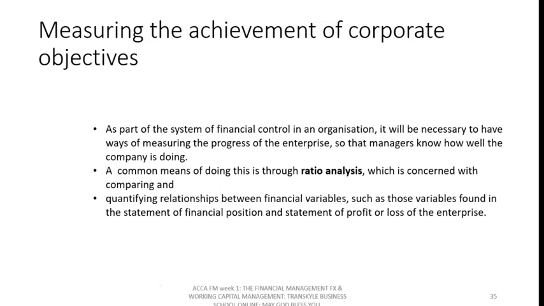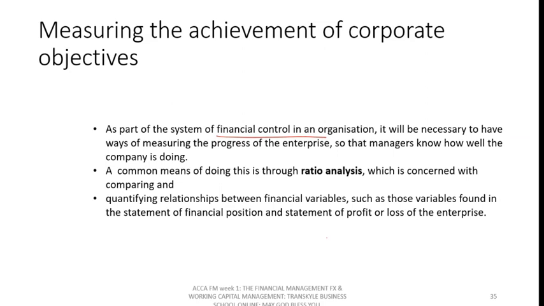How do we measure the achievement of corporate objectives? Because we can't just go on without assessing if we are doing things right or not. So, as part of financial control in an organization, it will be necessary to have ways of measuring the progress of the enterprise so that the managers know how well the company is doing.